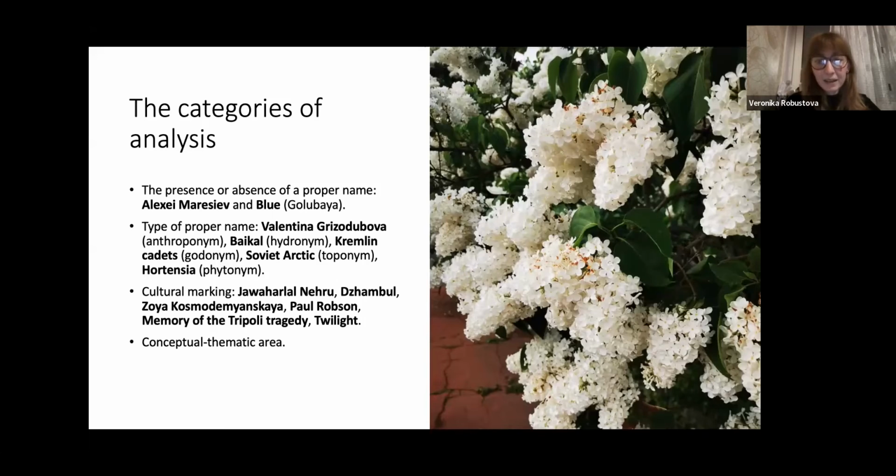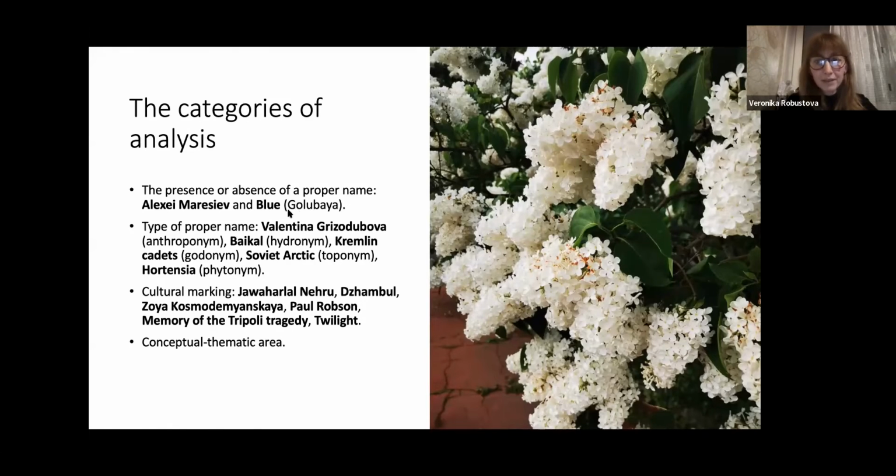And the second example with blue: in most cases, the names which are not based on a proper name are descriptive. They describe maybe the color of the lilac, or the form of the flowers of the lilac, or something of the kind. Then the next one is the type of a proper name which is incorporated in a phytonym.